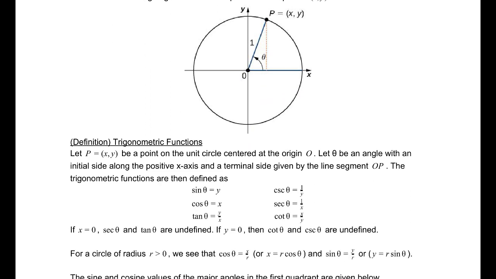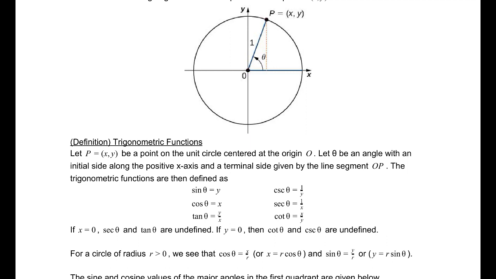So let P of x, y be the point on the unit circle centered at the origin. Let theta be the angle with initial side on the positive x-axis. So our initial side is on the positive x-axis, and our terminal side is given by the line connecting it, or that radius there.